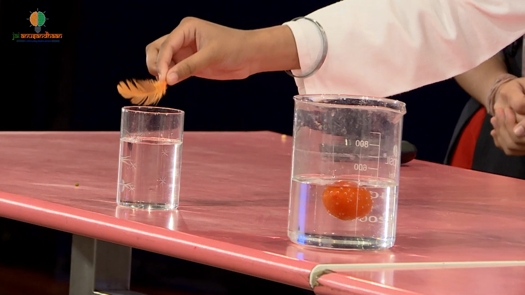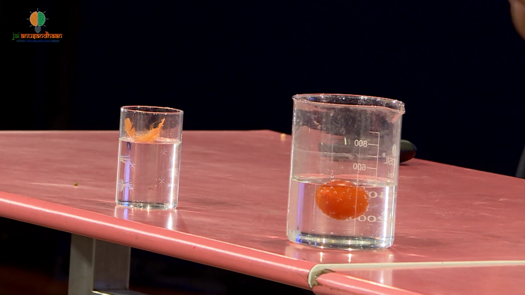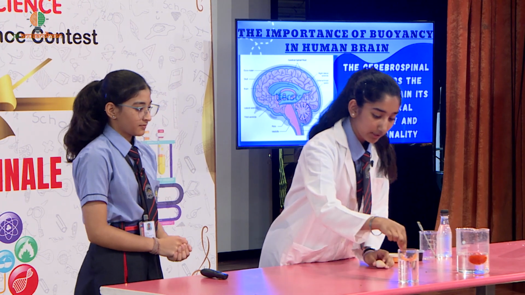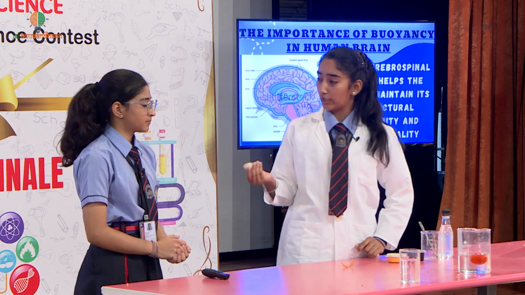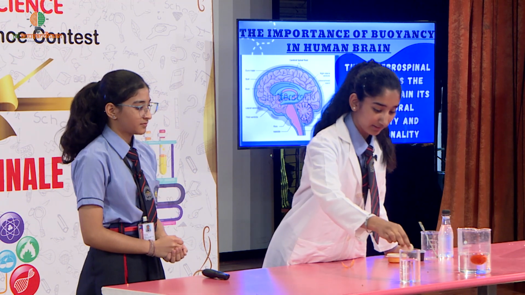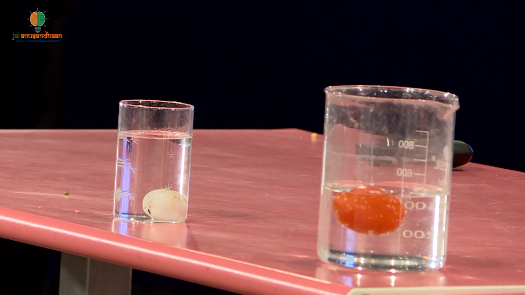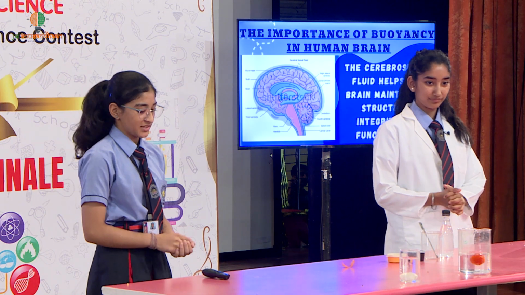Let's see. Yes, you're right. It floats, and it shows positive buoyancy. Now let's try the other object. This is a stone. This should probably sink. Let's see. Oh, you're right again. It sinks because it represents negative buoyancy.